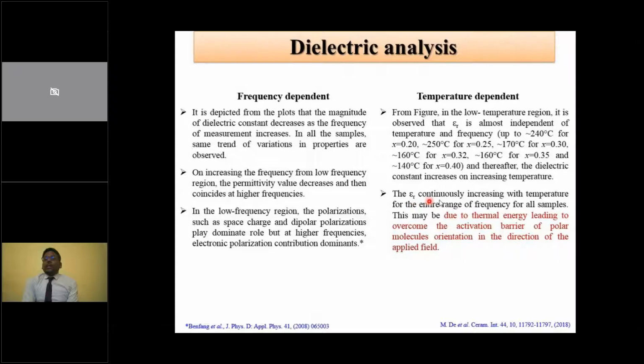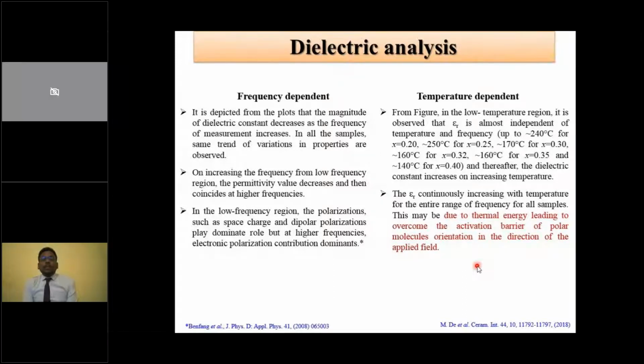In the case of temperature dependent, one thing is very important to say, that is due to the thermal energy, which tries to overcome the activation barrier of the polar molecule that orients to the direction of the applied field.